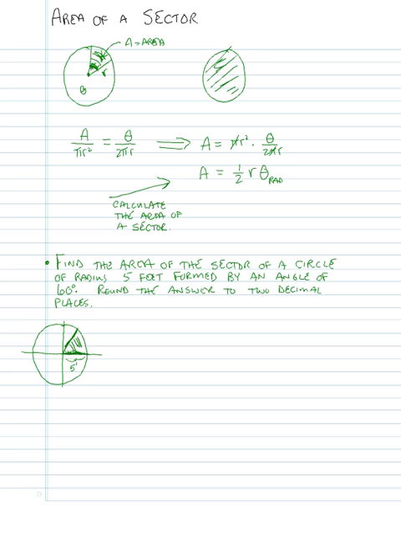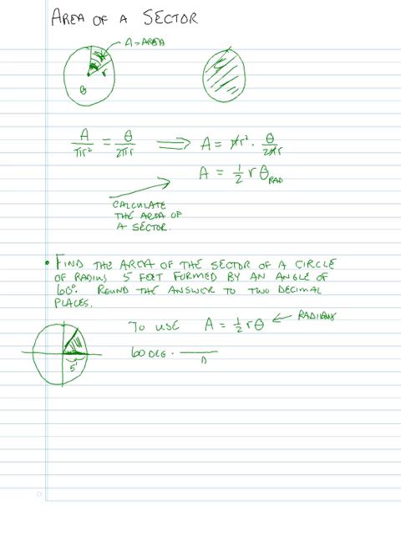Remembering that this radius is 5 feet. Now, remember once again, this is something to be careful of. To use A is equal to 1/2 times R theta, theta must be in radians. And we don't have it in radians here, do we? So our first job, like a while ago, is to convert 60 degrees into radians.